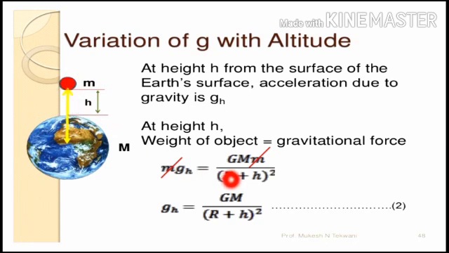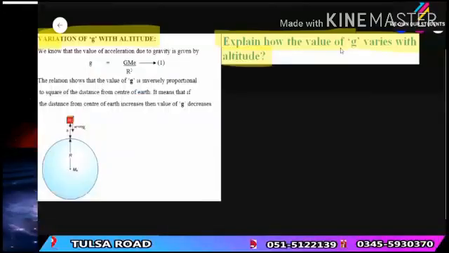So I am going to say (R + h) whole squared. After solving it, I conclude that small g_h is equal to GM over (R + h) whole squared. This is the final formula for the gravitational acceleration at an altitude, at some height. Next, let's understand it more briefly.